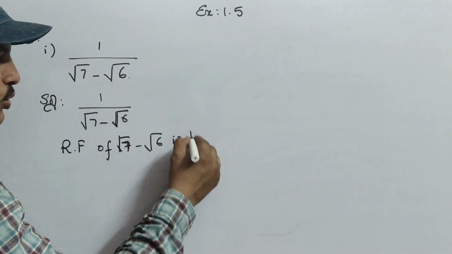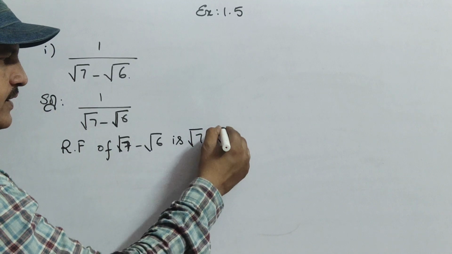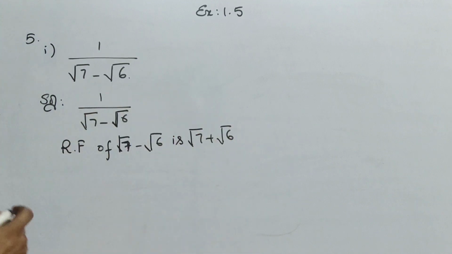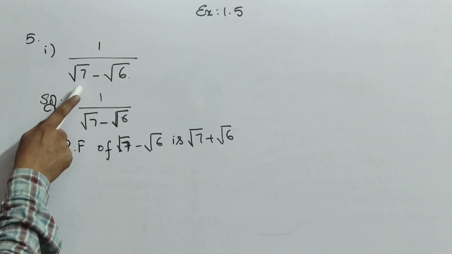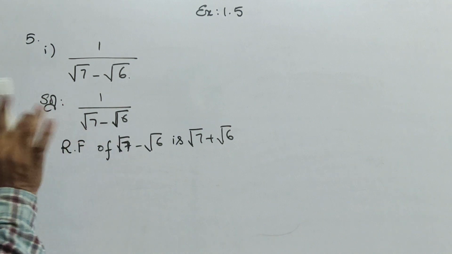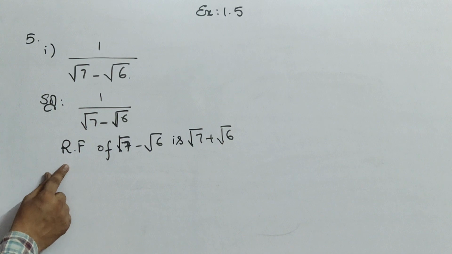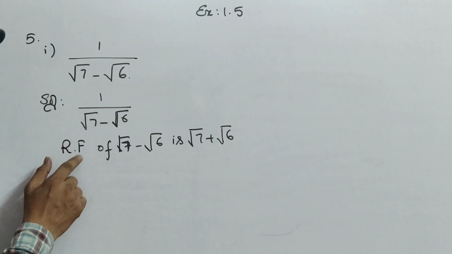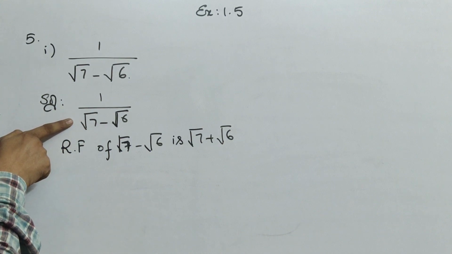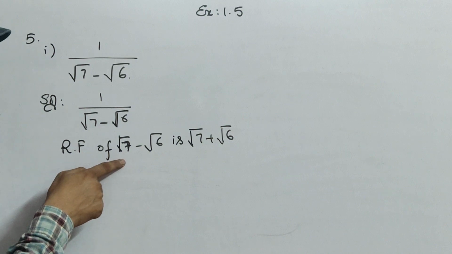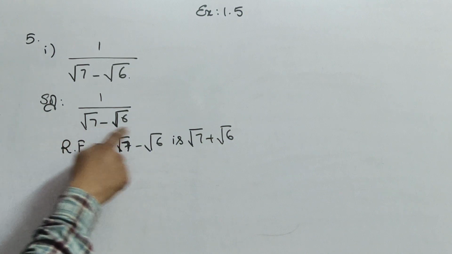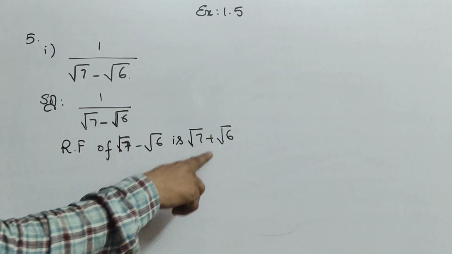Its rationalizing factor is root 7 plus root 6. See the difference between the first sum and the second sum. 1 by root 7 minus root 6 is given. So first we have to find the rationalizing factor for the denominator. Here it is minus, no? So it will be plus here.